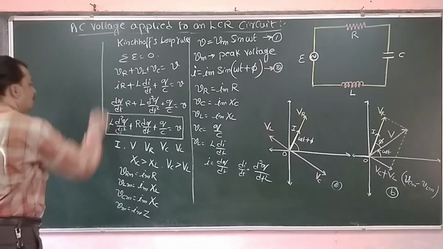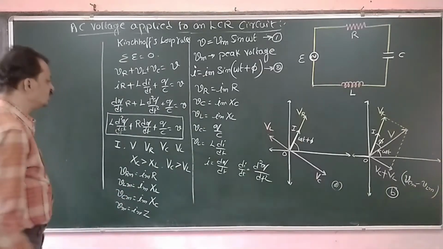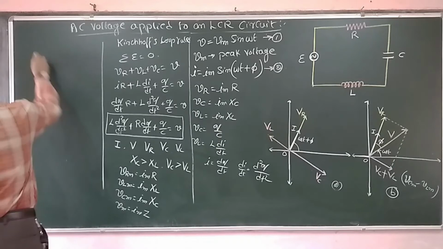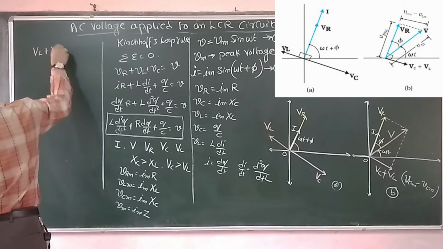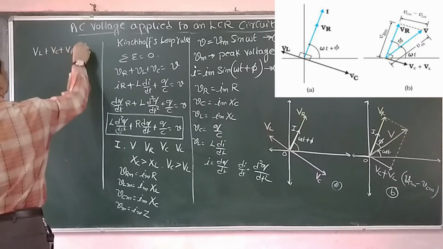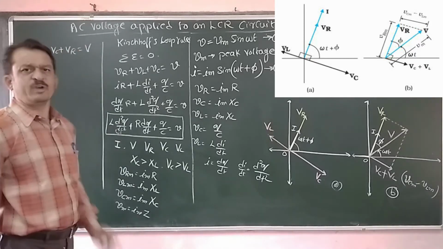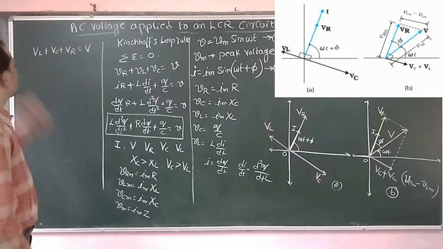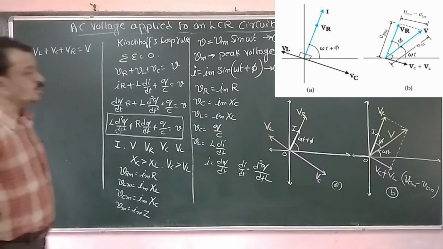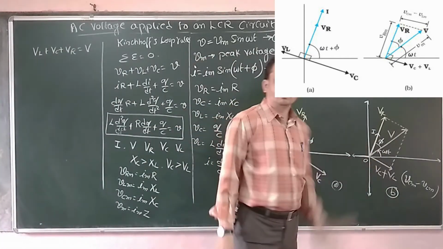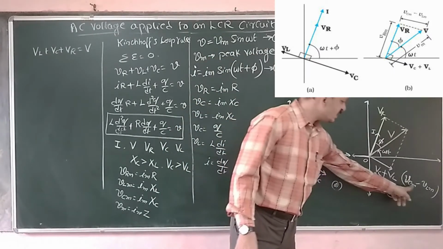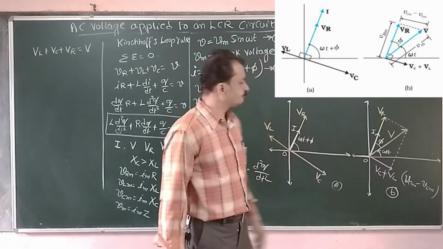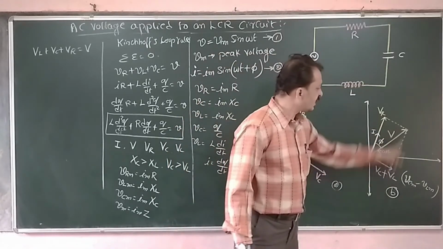Now with these notations, the voltage equation can be written as VL plus VC plus VR is equal to V. But look at this diagram, the second diagram. Now the resultant of these two is VCM minus VLM. Now it becomes a right angle triangle.